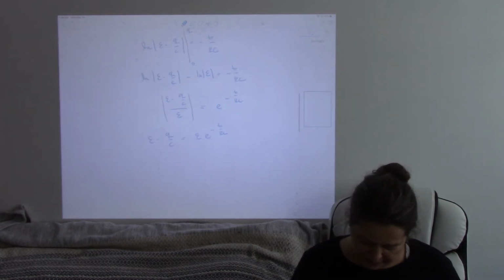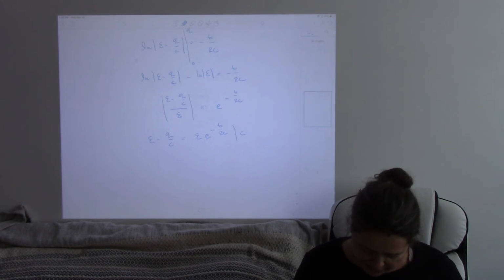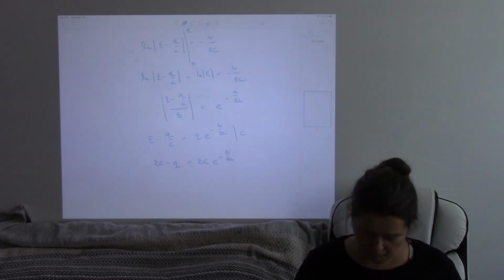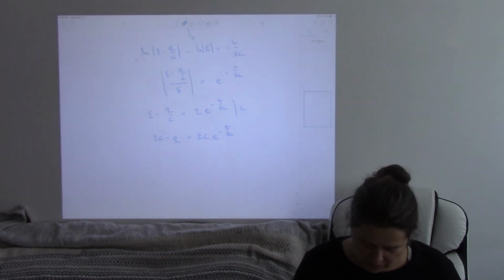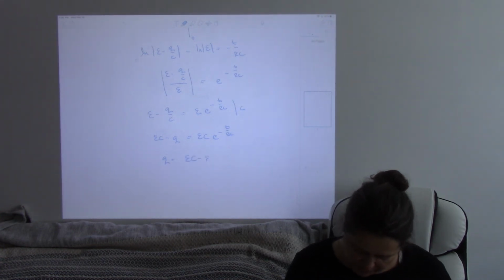We multiply by C both sides, and we get EC minus Q equals EC times e to negative t over RC. And remember, we were looking for Q, so Q is going to be equal to EC minus EC e to negative t over RC.